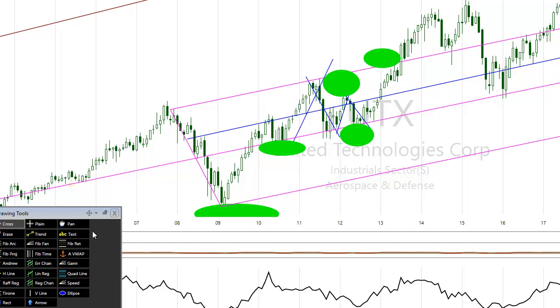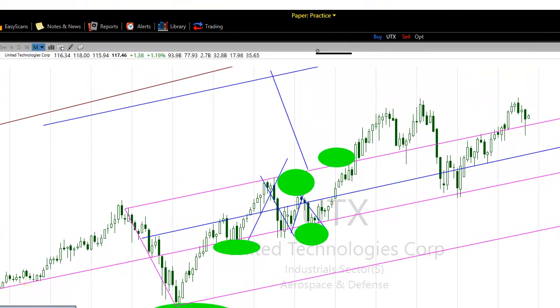If it breaks above the pink pitchfork tool, because it did not change direction, you can measure the width of the pink pitchfork tool, project it above it, and draw a line that is parallel to that pink pitchfork tool.